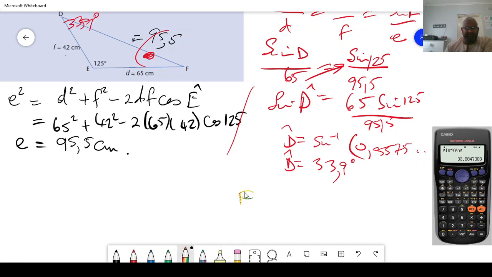So angle F is equal to 180 minus 33.9 minus 125. That gives us 21.1 degrees.